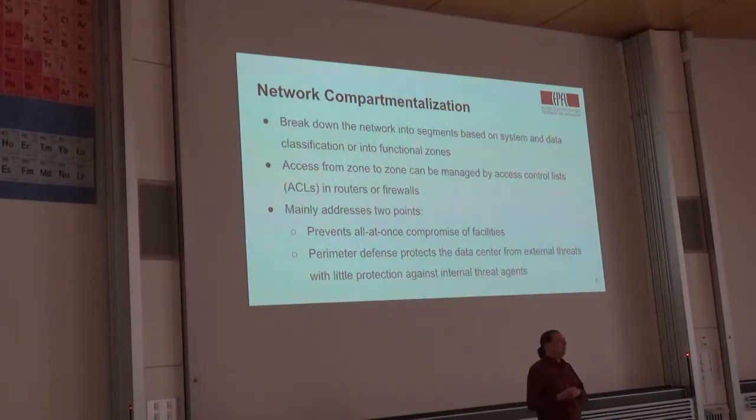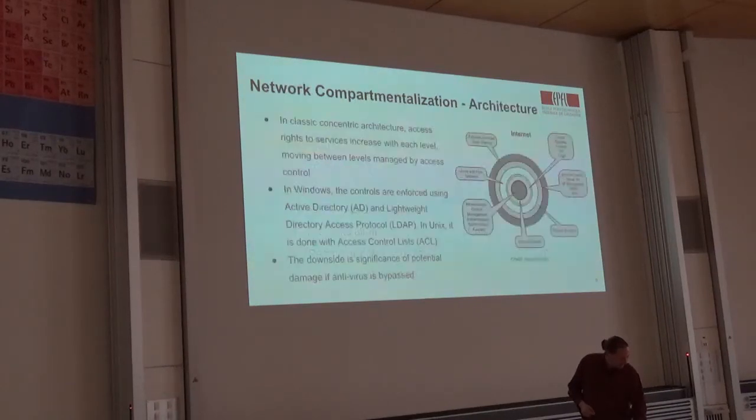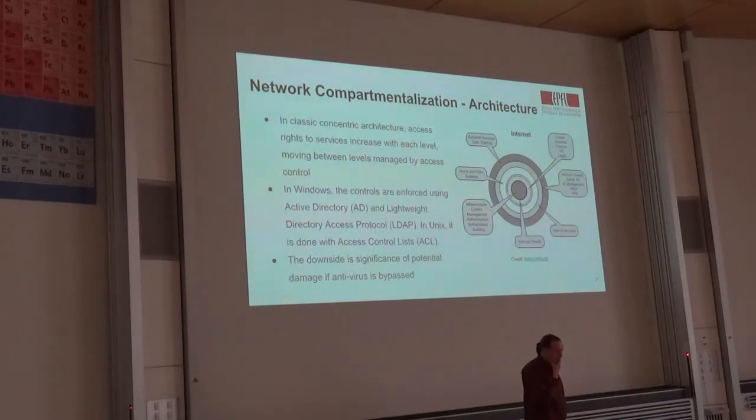First of all, to ensure that if any one compartment gets compromised in whatever way, it is harder for the attacker to use that compromise to go into other compartments and compromise more of the network. And then, of course, perimeter defense is trying to protect the whole corporate network from external attackers on the external internet.